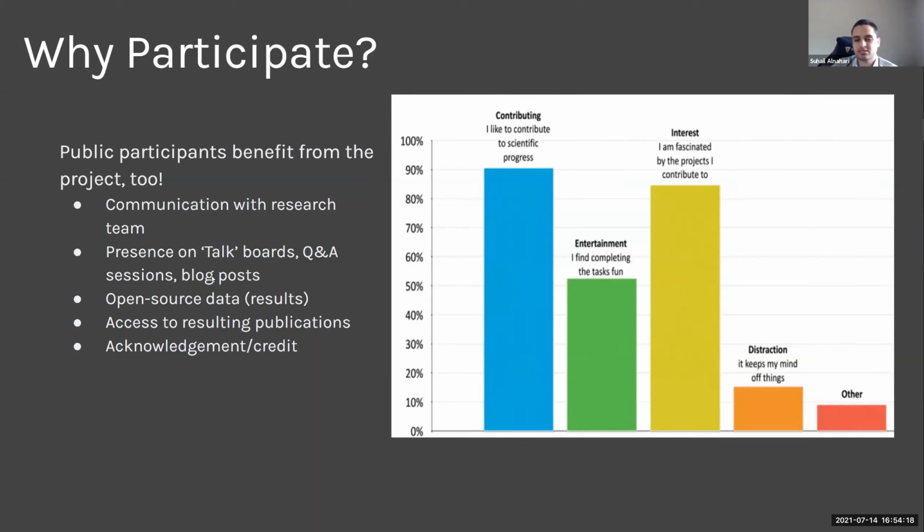And this is from a recent survey that we gave our volunteers, asking why they volunteer, which is mostly because of the contribution that they give, the interest, and just the entertainment of the labeling process.